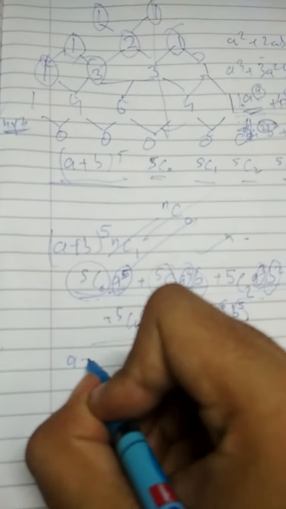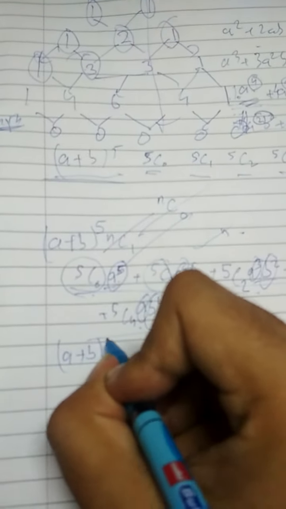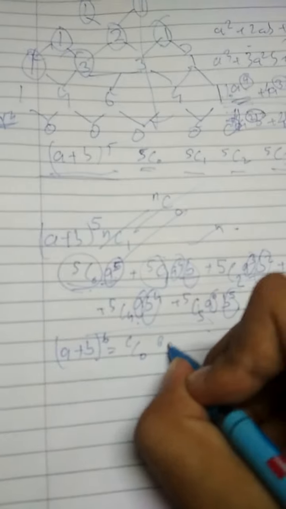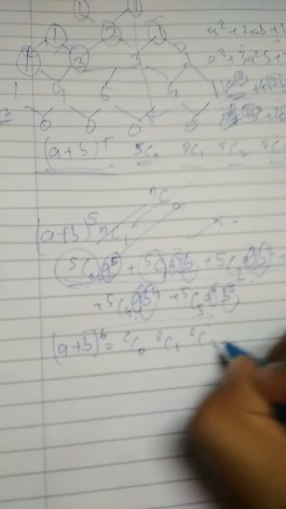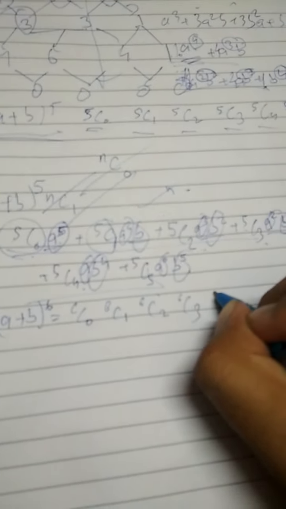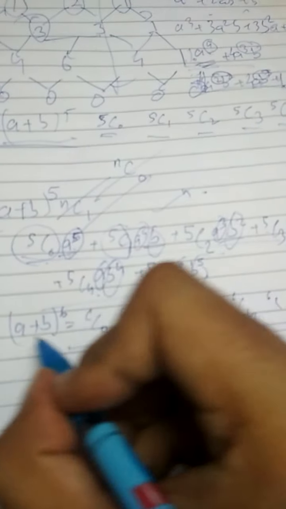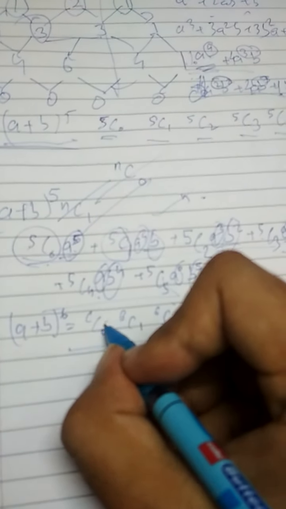Similarly, we can do it for a plus b to the power 6. It will be 6C0, 6C1, 6C2, 6C3, 6C4, 6C5, and 6C6. These will be the coefficients. And how do we get this a and b?